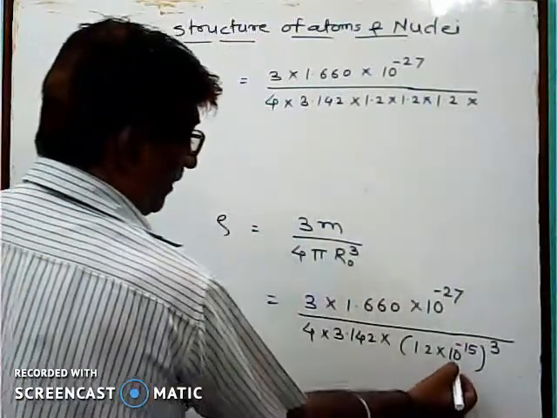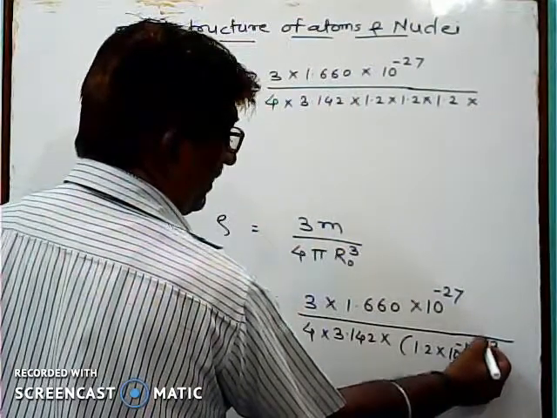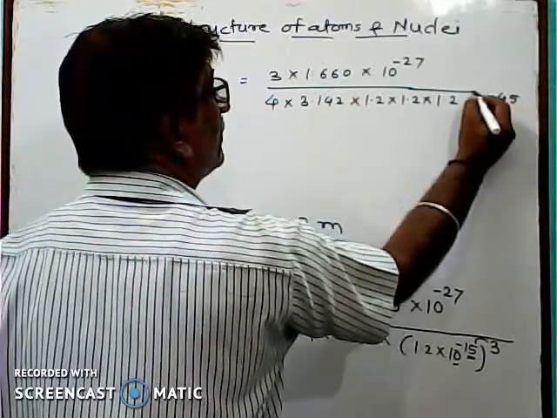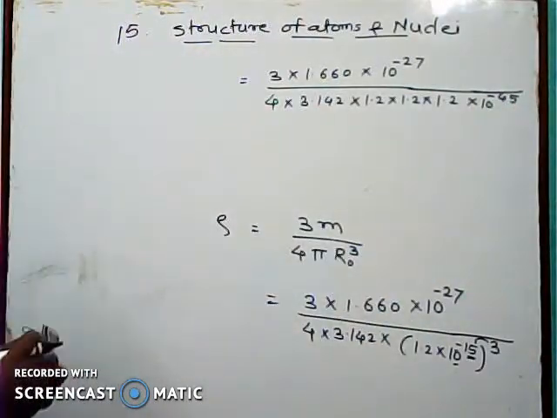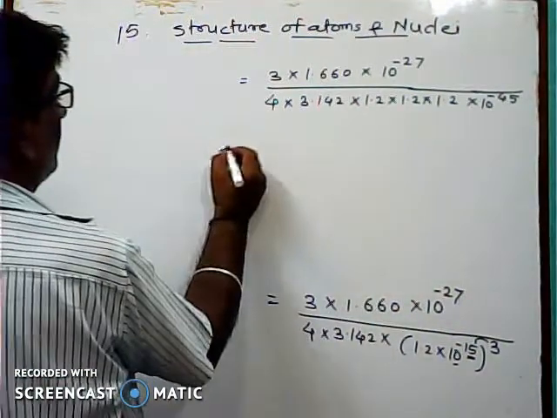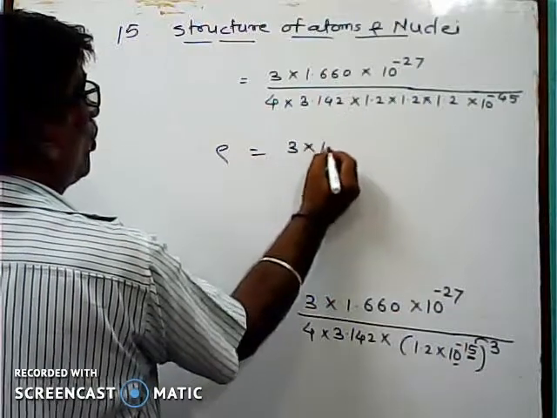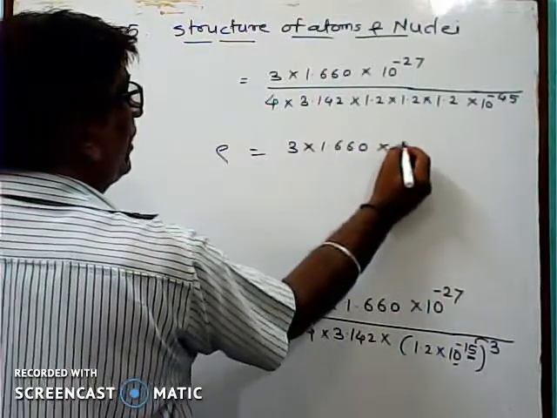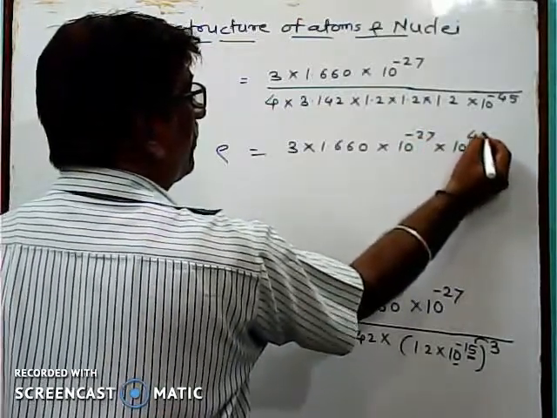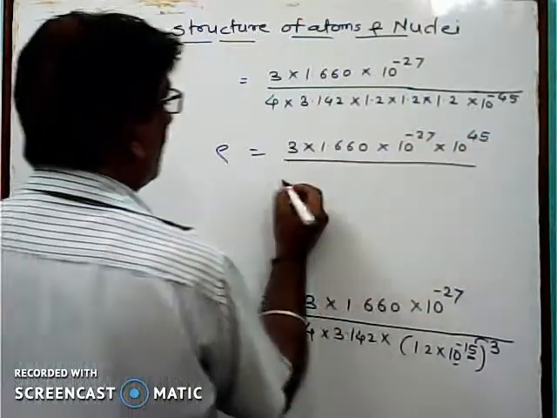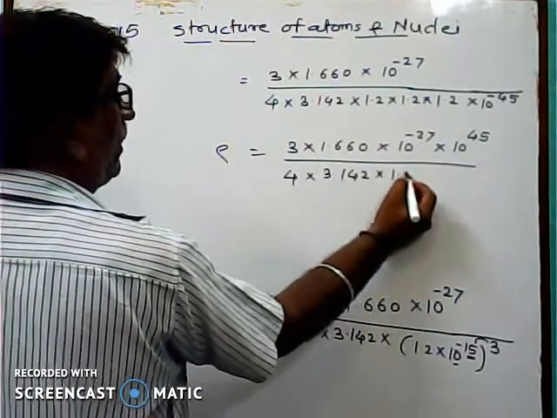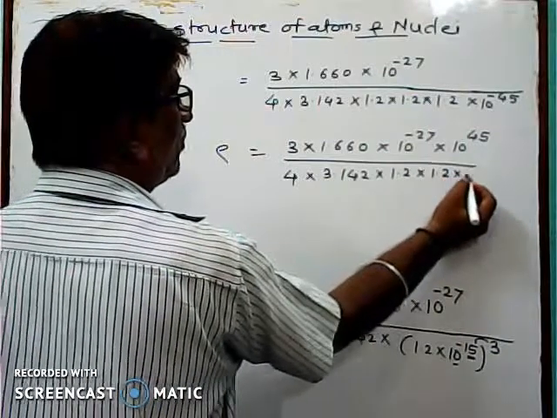Here 10 raised to minus 15 cubed means 10 raised to minus 45 in the denominator. If we shift it to the numerator, then density will be 3 into 1.660 into 10 to the power minus 27 into 10 to the power plus 45 upon 4 into 3.142 into 1.2 into 1.2 into 1.2.